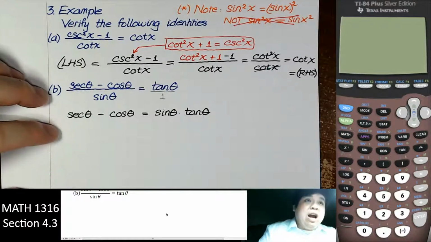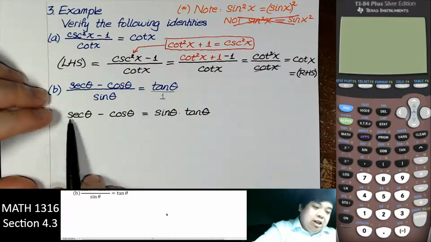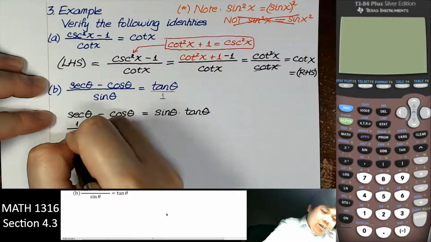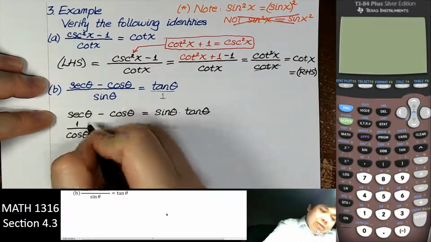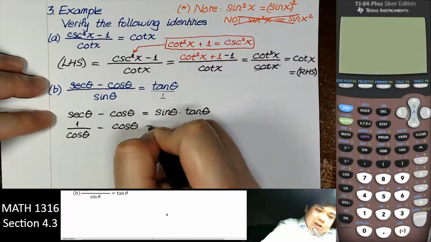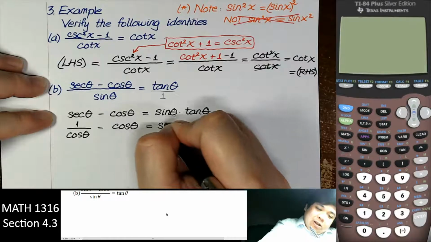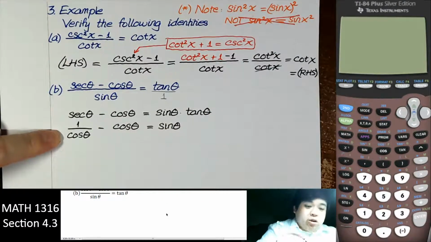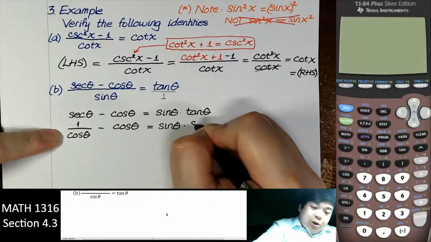Now, write everything in terms of sine, cosine. Secant is 1 over cosine. Secant is reciprocal cosine, and tangent is sine over cosine.